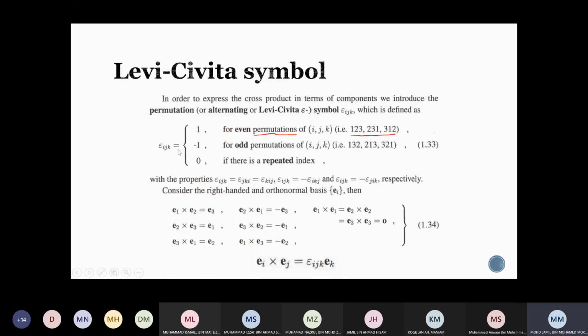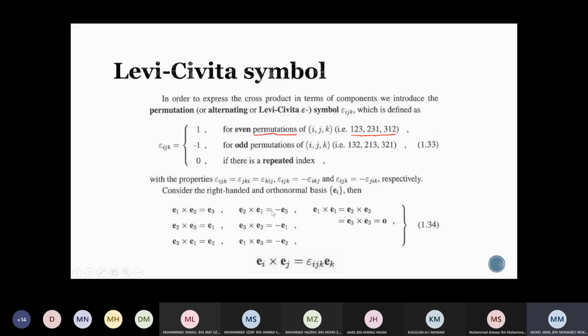Okay, so in Levi-Civita symbol, let's say if you have E1 cross E2, because the permutation is even, 1 dengan 2, so it equals E3, okay. Dia punya perpendicular of E1 and E2 is the E3 vector. If you have E2 cross E1, permutation dia odd sebab start dengan 2 dulu followed by 1.